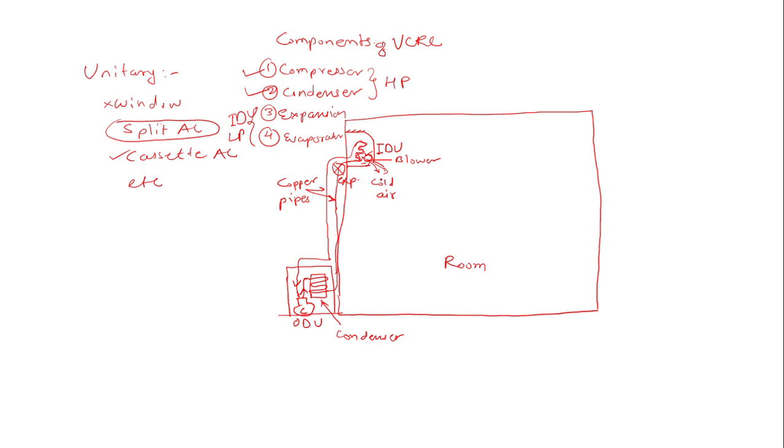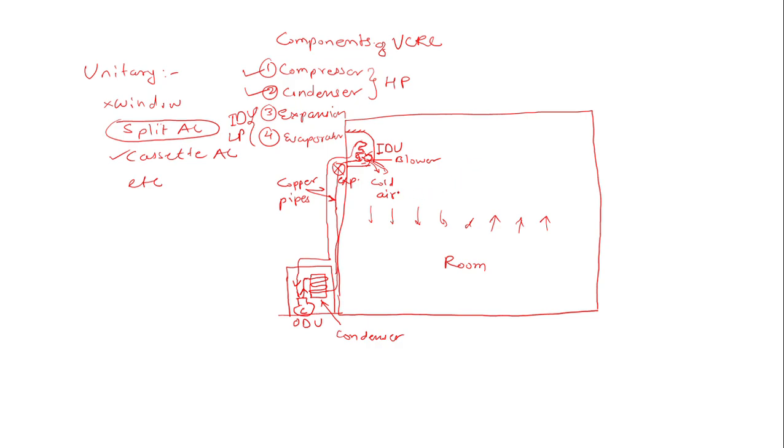Now assume that the cold air is supplied over here through the AC. This cold air will come down into the room. The room is always generating heat, so this cold air will absorb the heat from the air in the room.